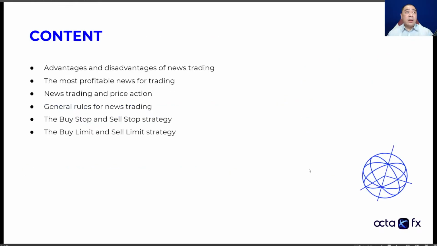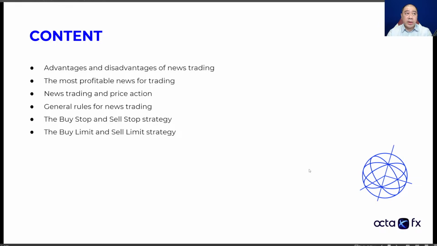Okay, so what are we going to talk about today? We're going to talk about advantages and disadvantages of news trading, most profitable news for trading, what moves the market significantly. We just did that 2 weeks ago during the NFP release.